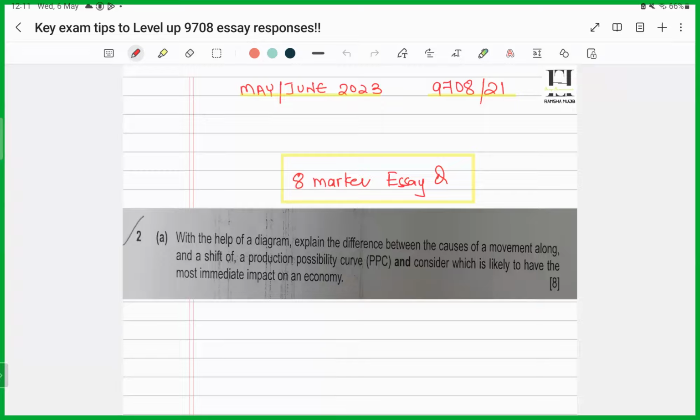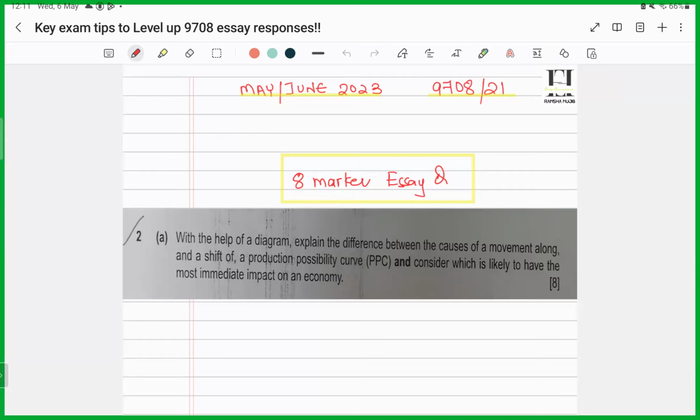In order to produce an effective 8-mark answer, there's a certain criteria prescribed by the CIE. We need to adhere by it, and we need to satisfy all 3 assessment objectives.